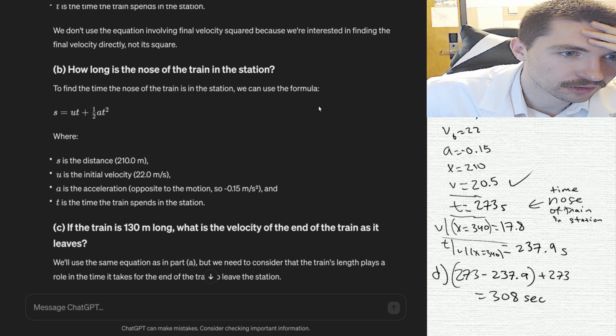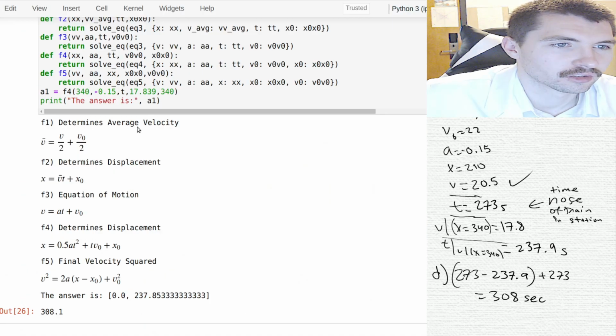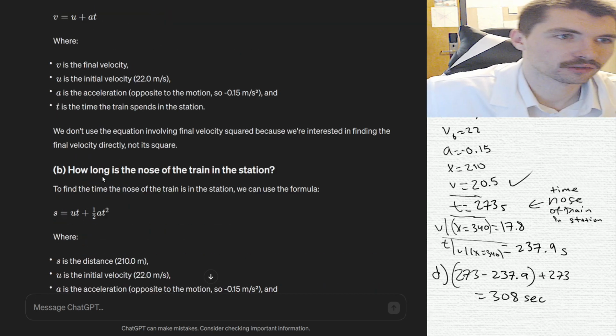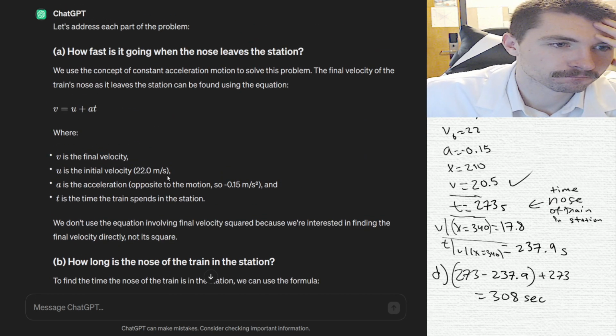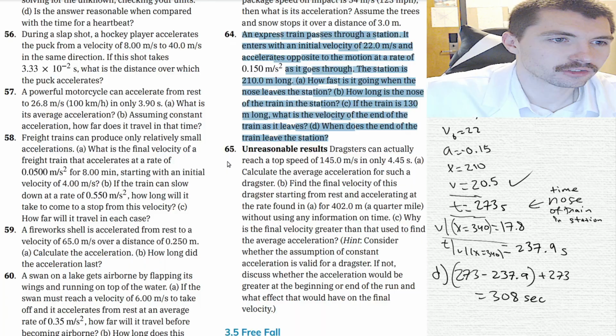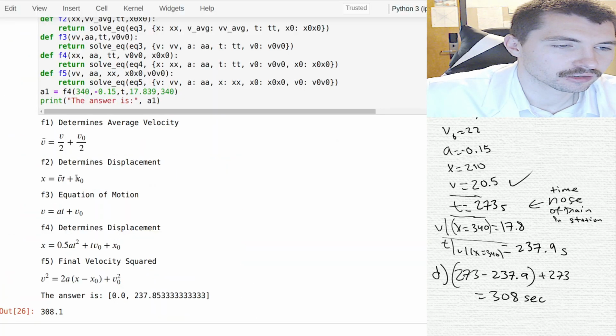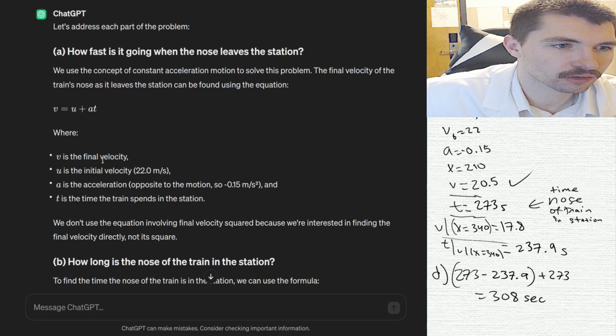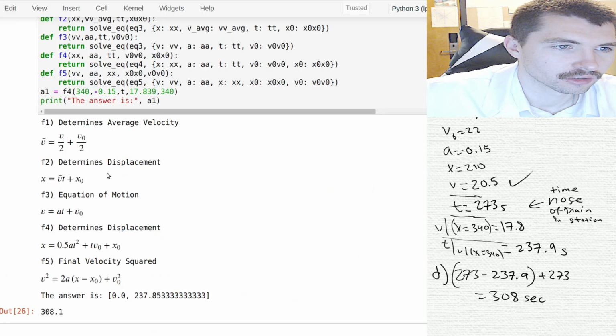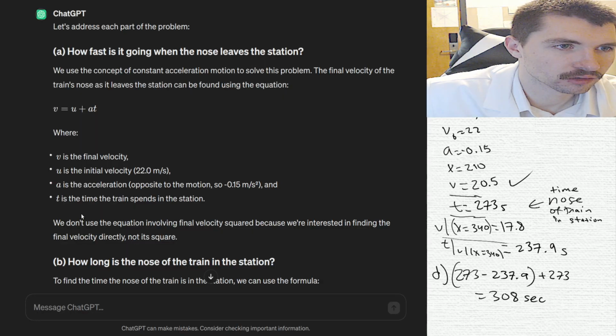Now it's using a completely different equation. What equation is this? 1/2. So it's using equation 4. Okay, so V is U plus AT. U is initial velocity. So it's using equation 3.